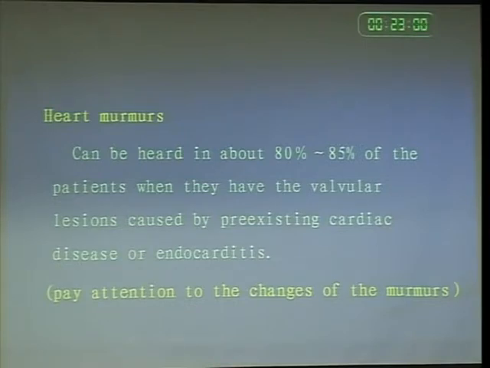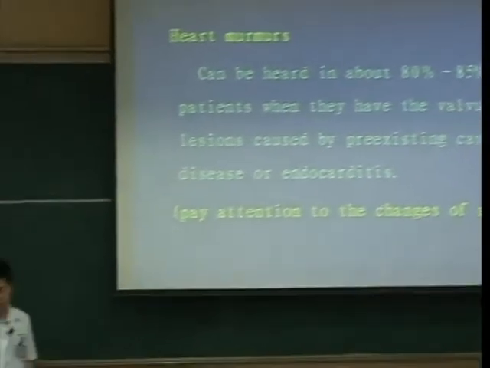Here, we need to pay attention to the changes of the murmurs. If we hear a murmur in any patient in clinical practice, we need to persuade the patient to do some exams like the ultrasound or ECG and so on.